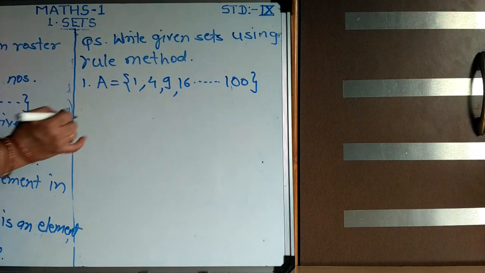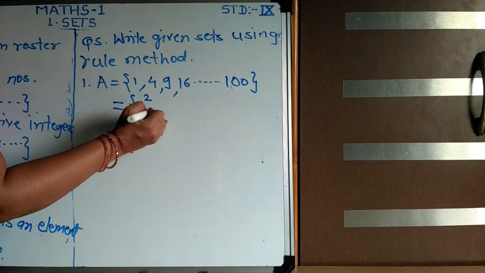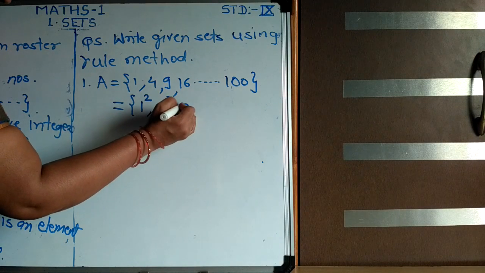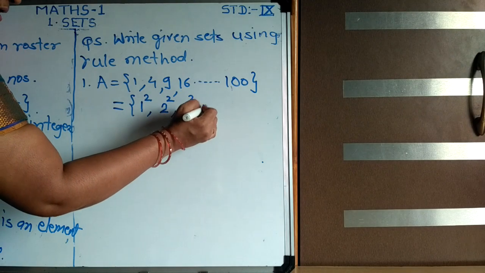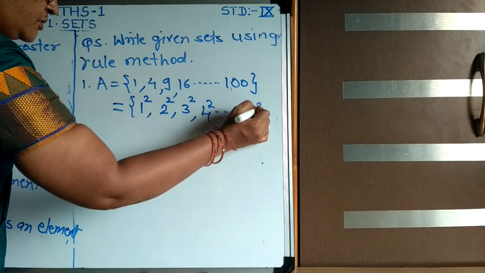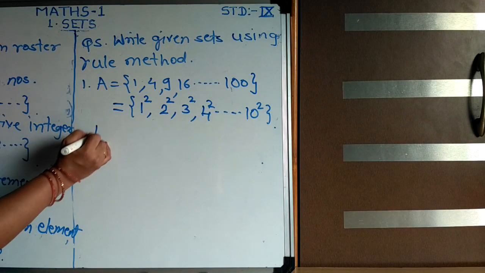What do you observe here? 1 is the square of 1, 4 the square of 2, 9 the square of 3, 16 the square of 4. And what is 100? It is the square of 10. Write in notation form.